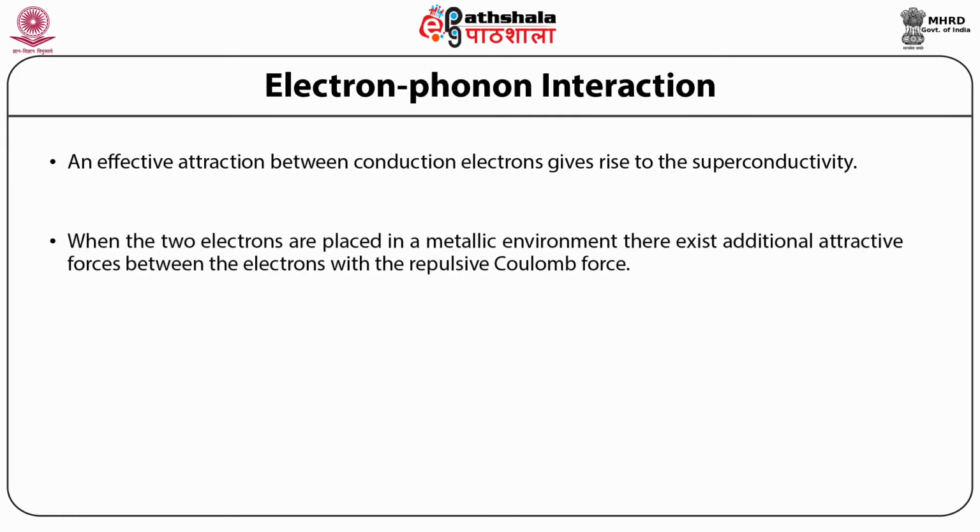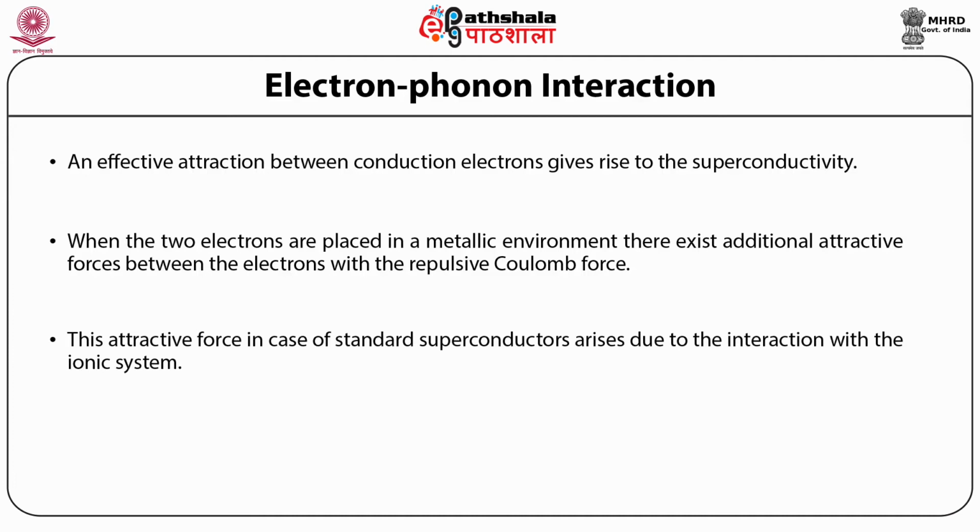When two electrons are placed in a metallic environment, there exist additional attractive forces between the electrons, along with the repulsive Coulomb force. This attractive force, in standard superconductors, arises due to the interaction with the ionic system.